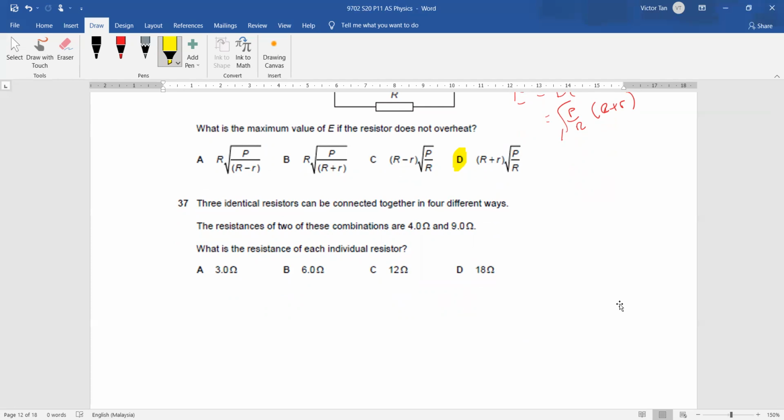So let's say it's 3, 9 is possible. 3, 6, and 6, 6, 6. I think it is 6. This is 9. 4. 18.